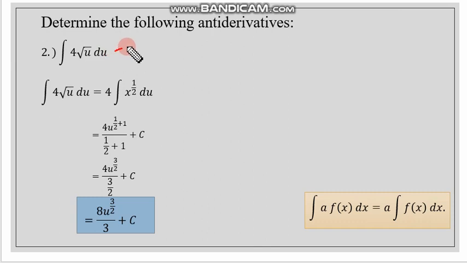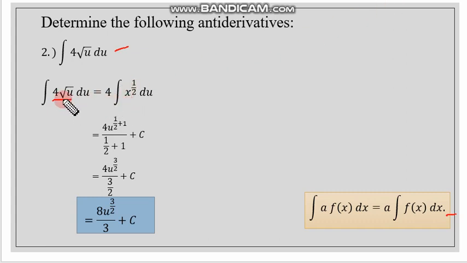Another example here, the integral of 4 square root of u du. Before we could use the theorem, we will separate this using our constant rule, which is 4 times the integral of the square root of u. We don't have a rule for the radical, so we will convert it into a power function to use theorem B, or number 2.